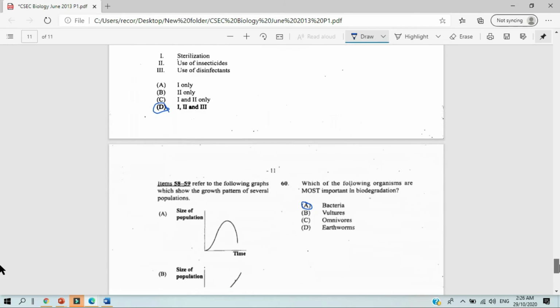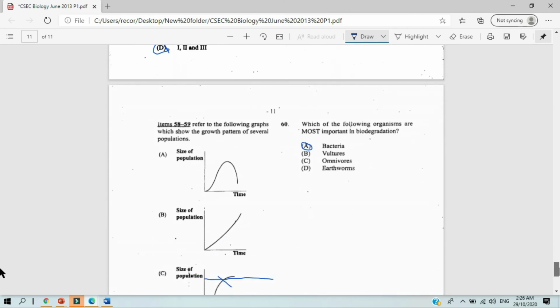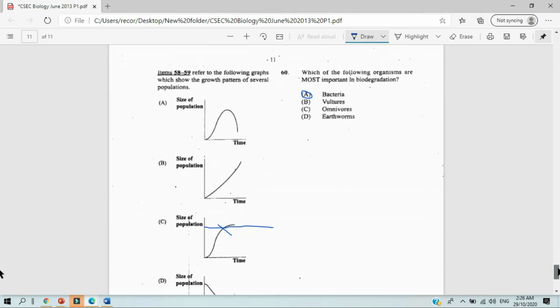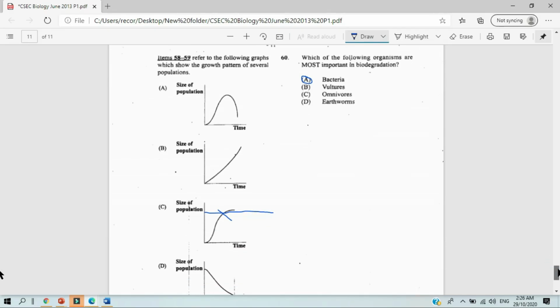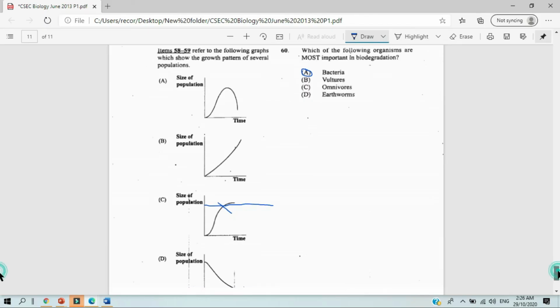We move on to 58 and 59. Now 58 and 59 refer to the following graph, which shows the growth pattern of several populations. This one I want you to pay attention to. I really want you to look at this, and if your views are different, I really want you to leave it in the comment section just below.